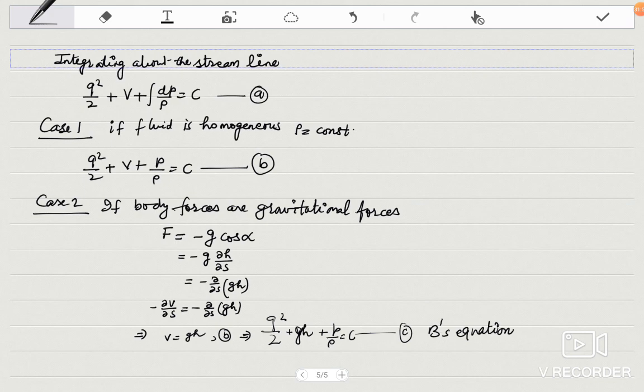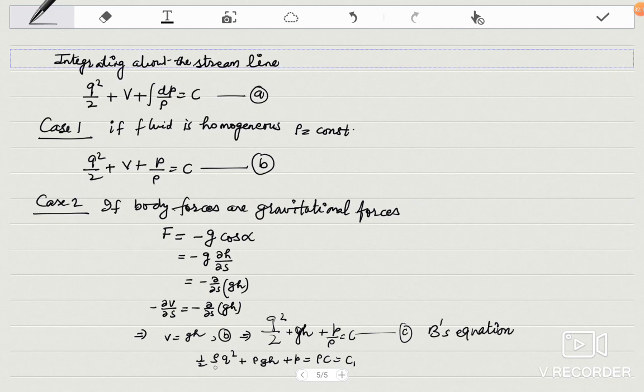At times it is written as rho times 1 by 2 q square plus rho gH plus P is equal to rho C, which is some other constant C1.